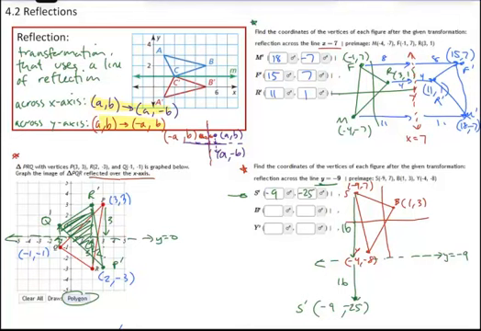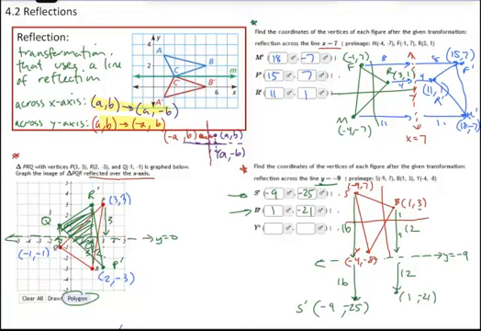Move to the next point, B. B is what distance from my reflection line? From 3 plus another 9 gives me a total of 12. So 12 units down from -9 leaves what new y coordinate? -21 is my new y. My x stays the same. So that's my new B prime.